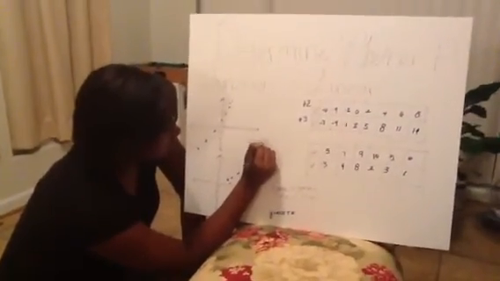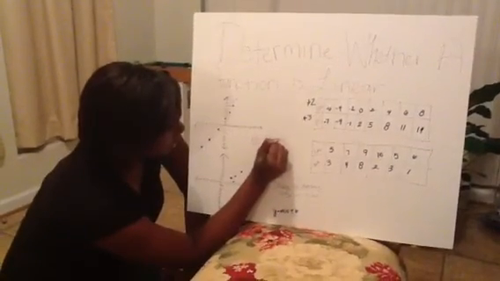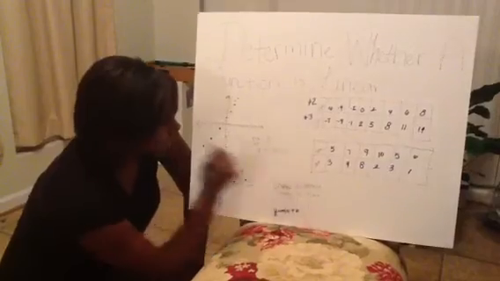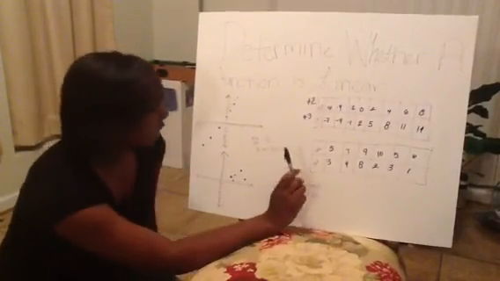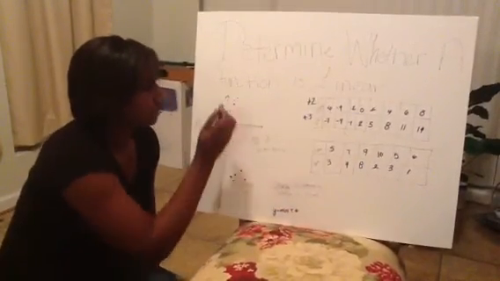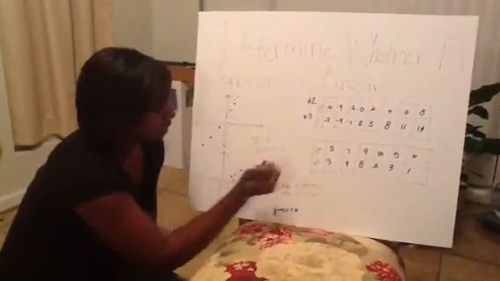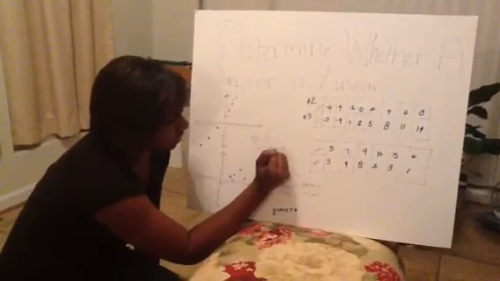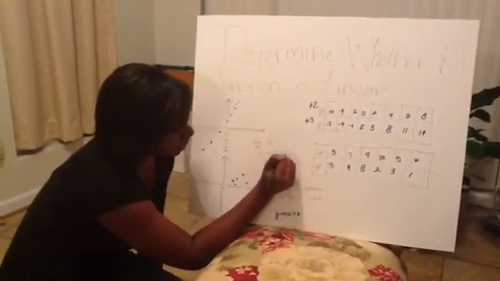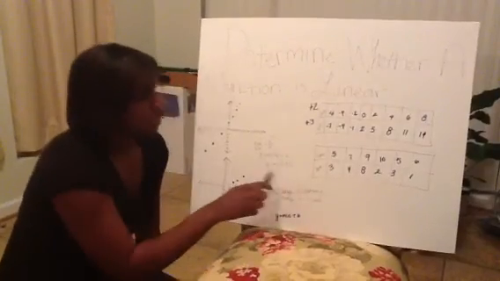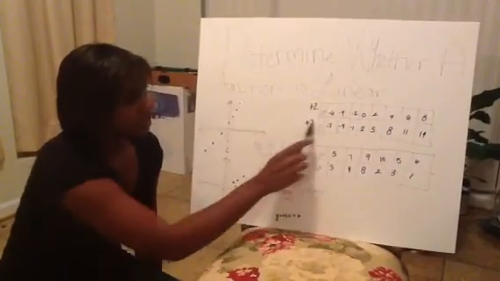So far I have y equals 3 over 2 x plus b. And b is going to be where it crosses the y-axis, and it crosses it at 2. So it's going to be y equals 3 over 2 x plus 2. And that's the equation of this linear function.